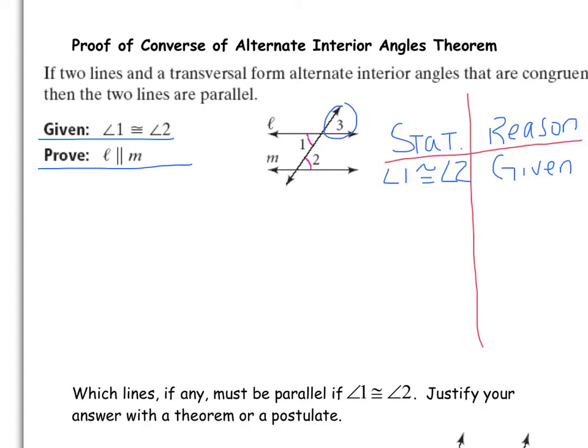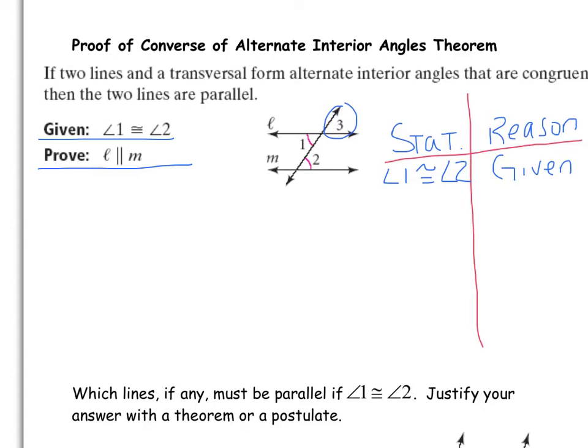It all depends. On this, a lot of you might think of angles 1 and 3. Angles 1 and 3 are congruent because of vertical angles. Then I can swap out the 1 with the 3. Now I've shown that 3 and 2 are congruent, and 3 and 2 are in corresponding positions.